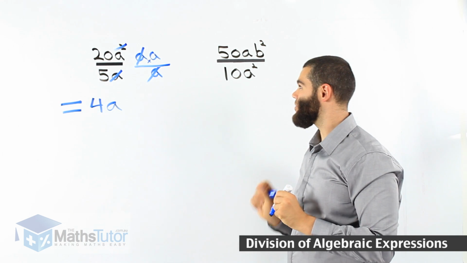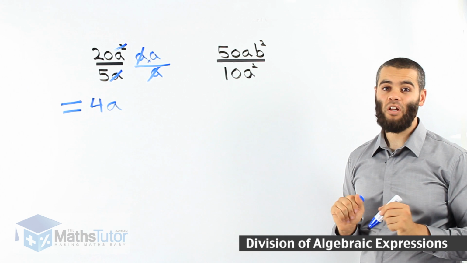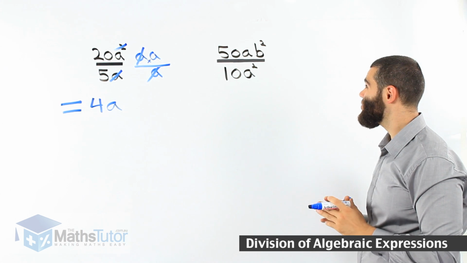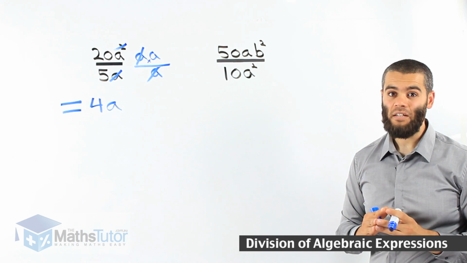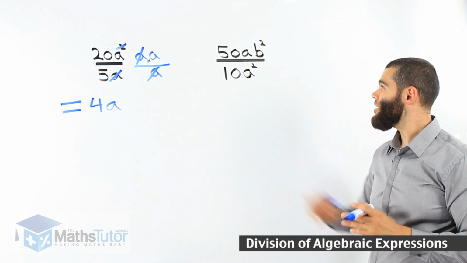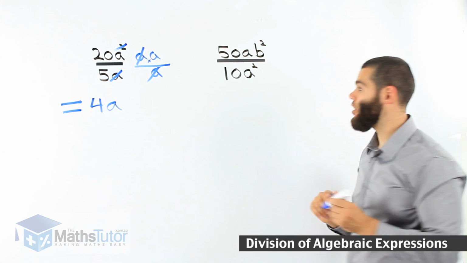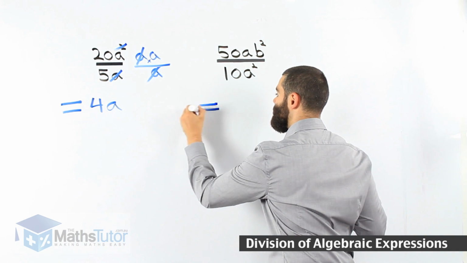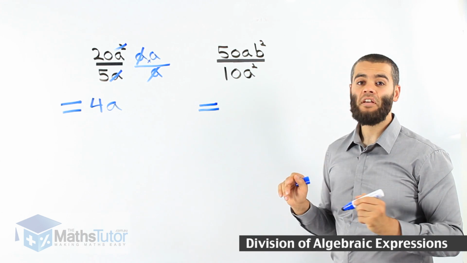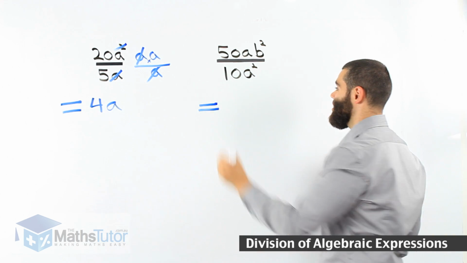Very important concept. Here we're going to follow the same rule. 50ab squared over 10a squared. The fraction means divided by. Okay, let's start with the numerals first. 50 divided by 10 is 5.